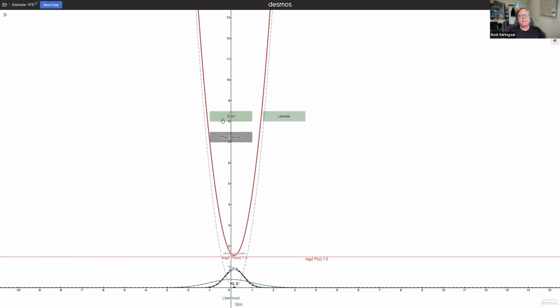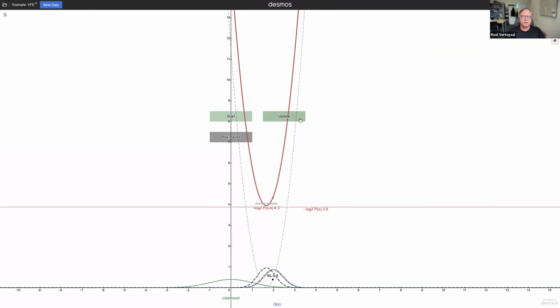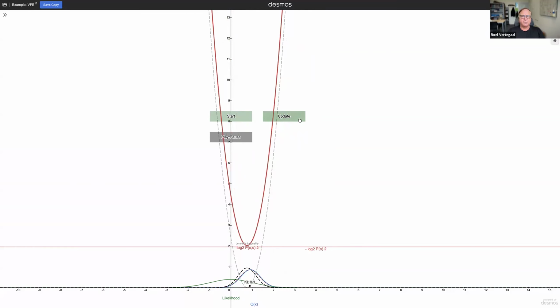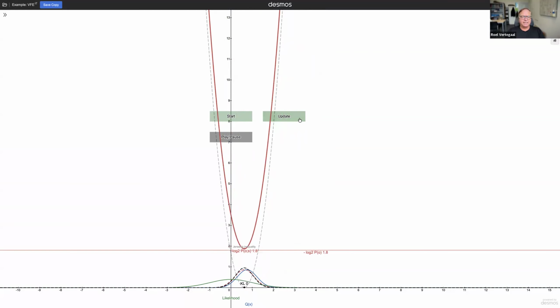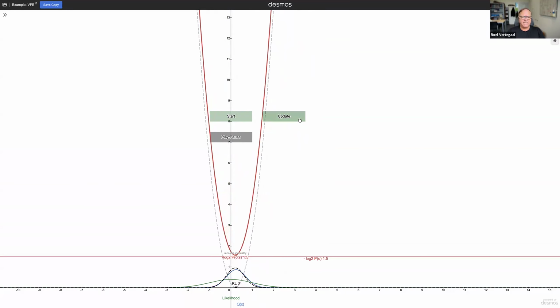The other thing I'd like to show is that as we update, if we look at this point, that's the least action point here. If we update, we see that this point follows another curve, and this curve is actually very, very related to the negative log likelihood, which is what we are ultimately updating towards.